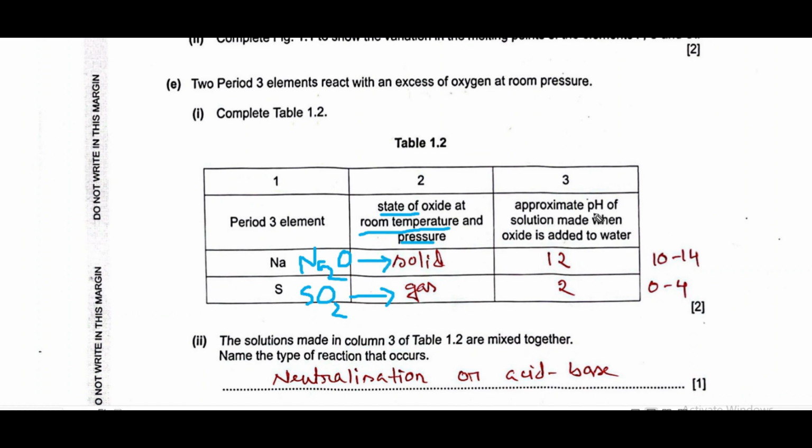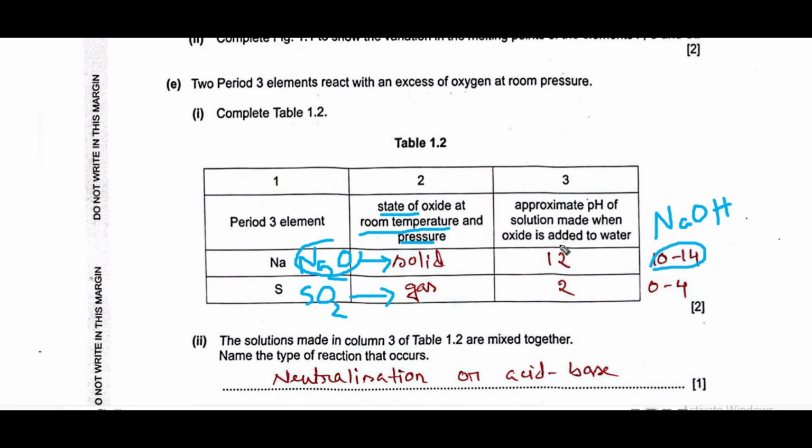Now the approximate pH of the solution made when the oxide is added to water. Sodium oxide reacts with water to produce sodium hydroxide. This is a strong alkali, so pH will be 10 to 14.